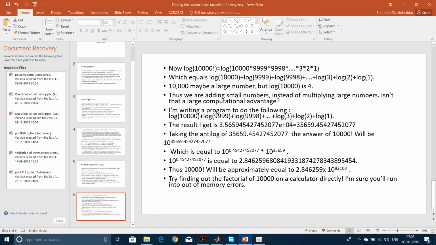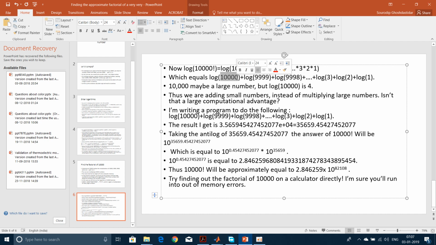So log of 10,000, for example, is a very small number, is 4. Compared to 10,000, it's just 4. I mean, it's such a small number. And so log 9,999 would be even smaller than 4. So you're just adding up small numbers.